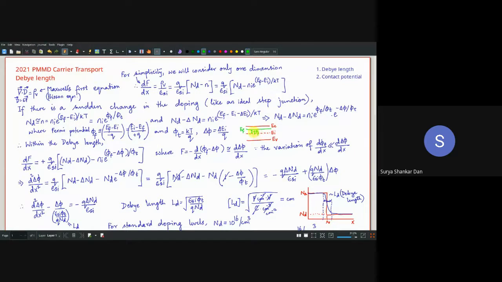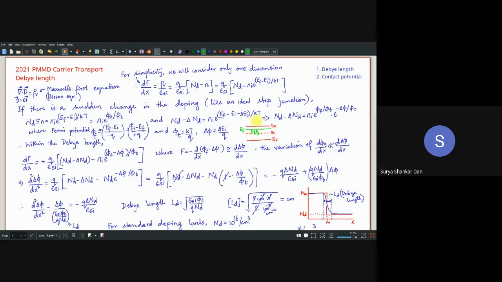I am putting the q because phi F is expressed as a potential term. That's called Fermi potential, so the unit will be volts. Whereas here we have written EC, EF, EI, EV, which are all in electron volts. That is basically a unit of energy, potential energy, right? So that is the reason why we have to make sure that you are putting a q over here.